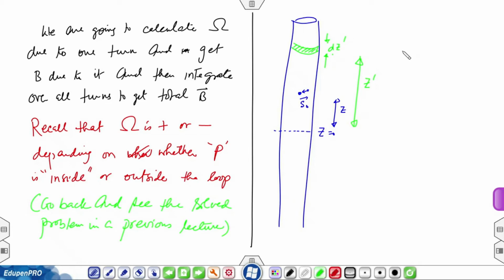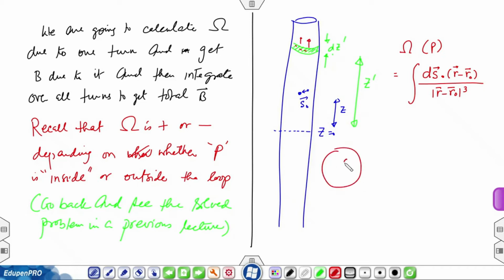Then the solid angle that this current loop makes at this observation point P is going to be equal to ds, the area of this loop, dot r at this loop minus r naught divided by mod r minus r naught cubed, integrated over the entire area, where ds is this area element of the loop inside.